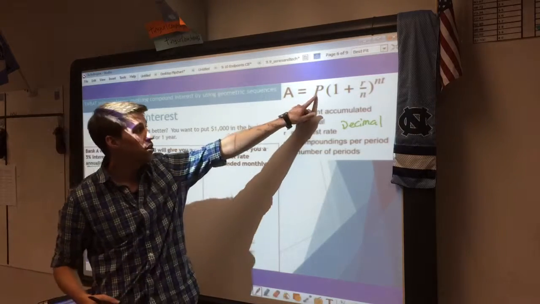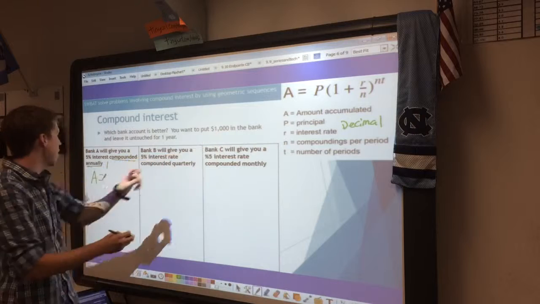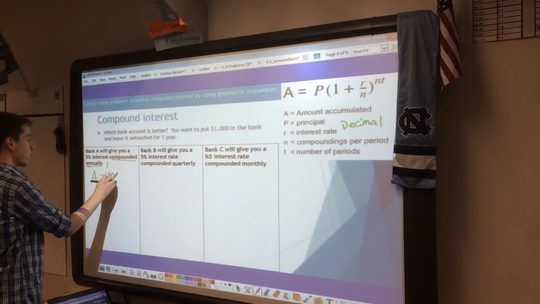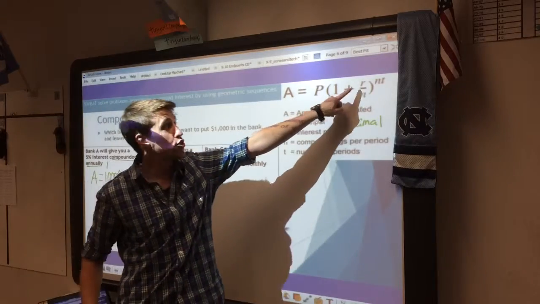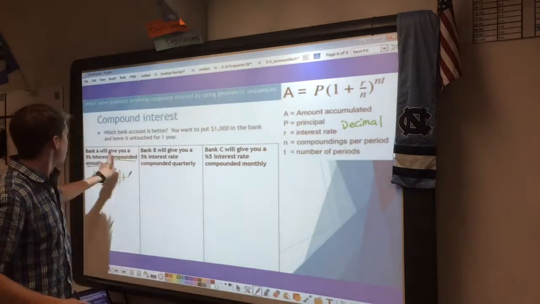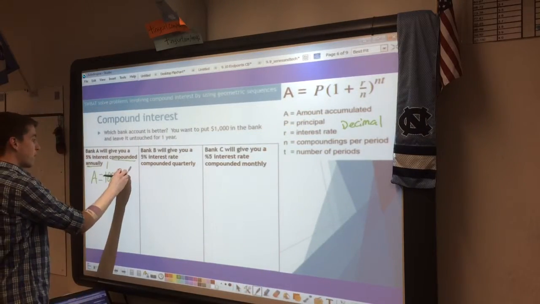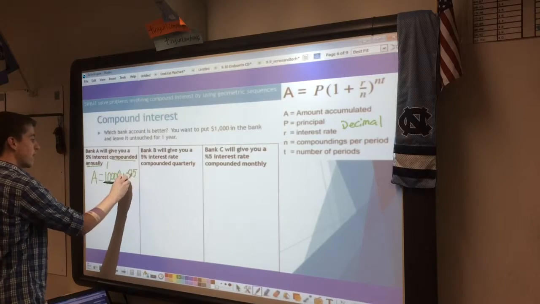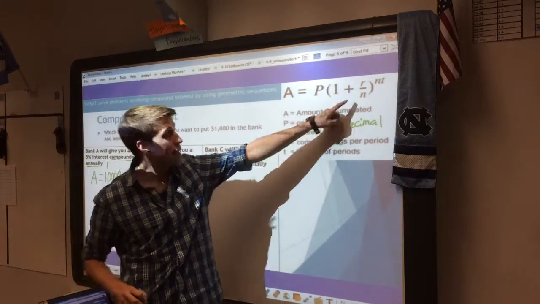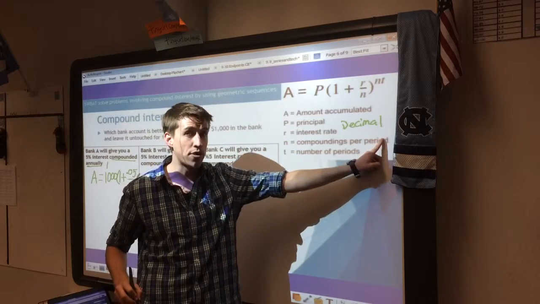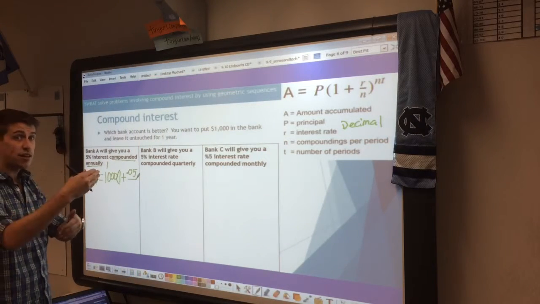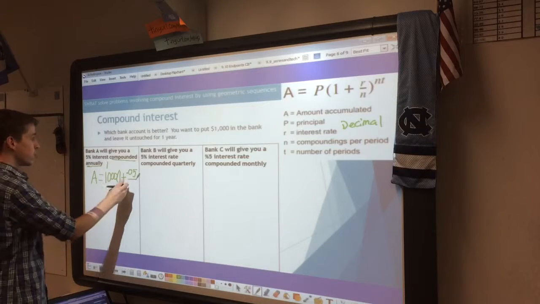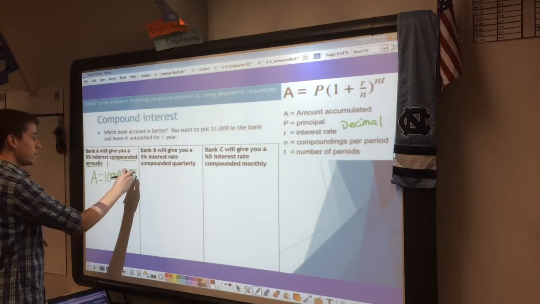So my principal is my original investment of $1,000 times 1 plus the interest rate as a decimal. 5% interest rate will be 0.05 divided by N, the number of compoundings per period. Bank A is compounding annually. Annual means once per year, so let's divide that by 1.